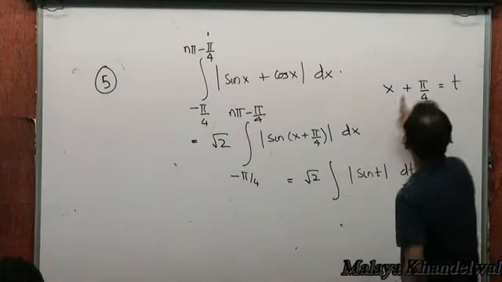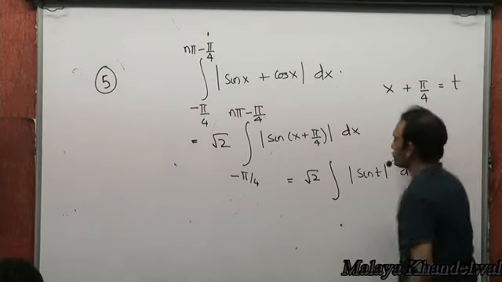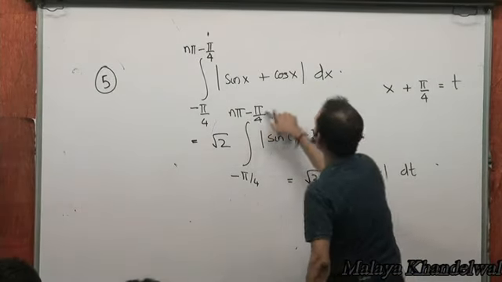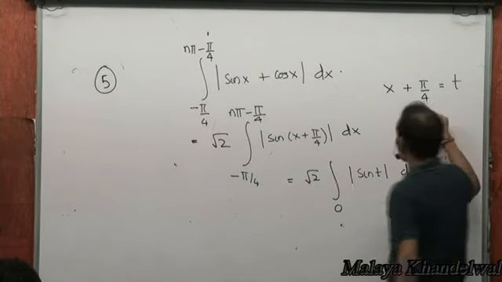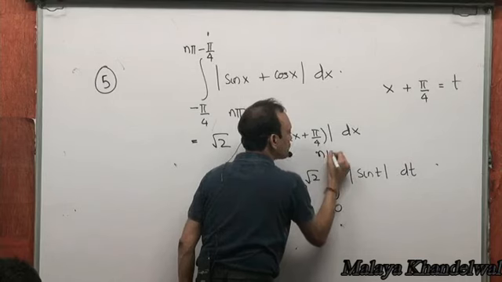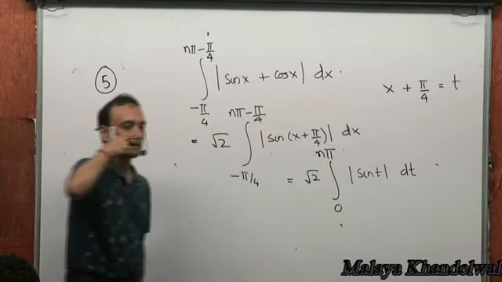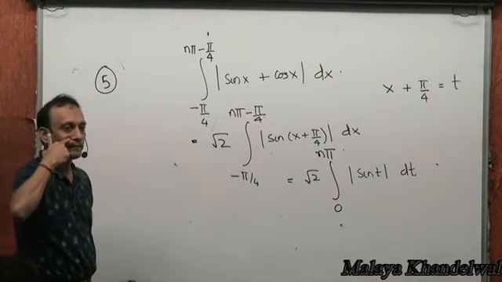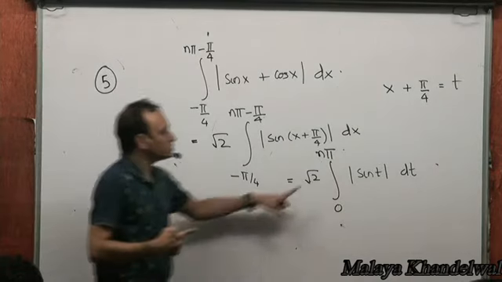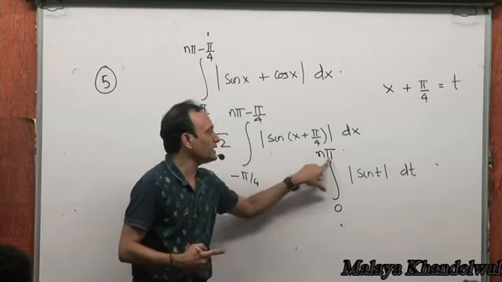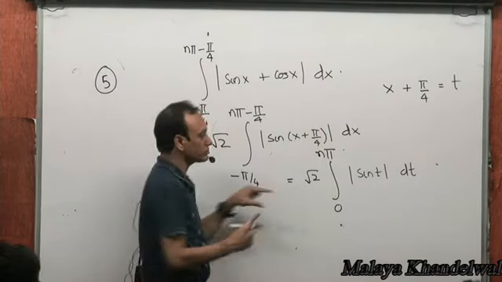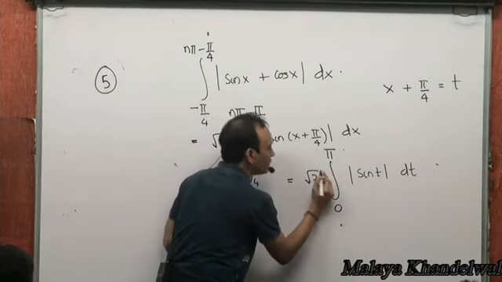Now when x is minus pi by 4, t is 0. When x is n pi minus pi by 4, t is n pi, transforming to the t domain, right? Yes or no? And what's the periodicity of mod sin t? Pi. So n times the integral over one period, so this n will come out.